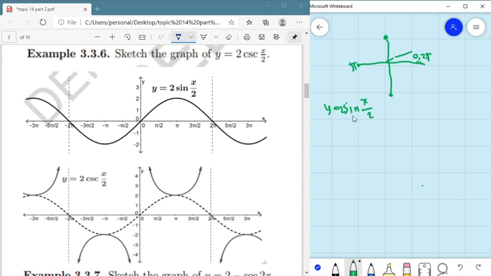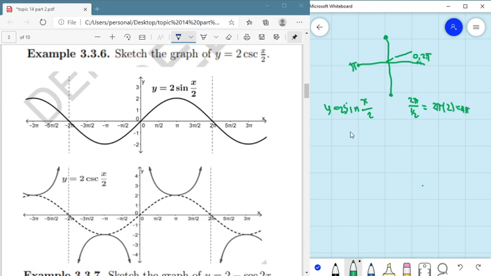Okay, so let us recall that the amplitude here is 2, and the period of this is 2 pi over b, or 1/2. So 2 pi over 1/2 is the same as 2 pi times 2, which is equal to 4 pi.